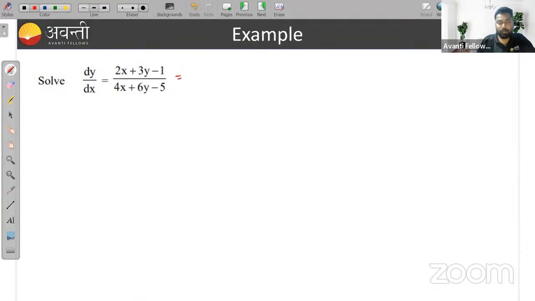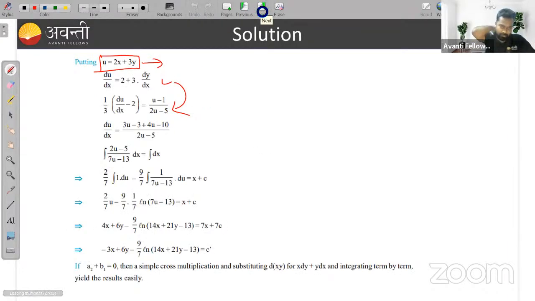So you are getting this. Then do the simplifications. You'll get 3u minus 3 plus 4u minus 10 over 2u minus 5. So this becomes 7u minus 13 upon 2u minus 5.